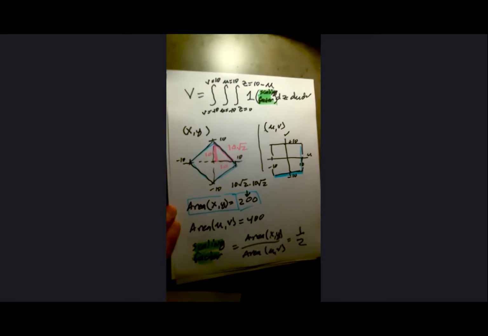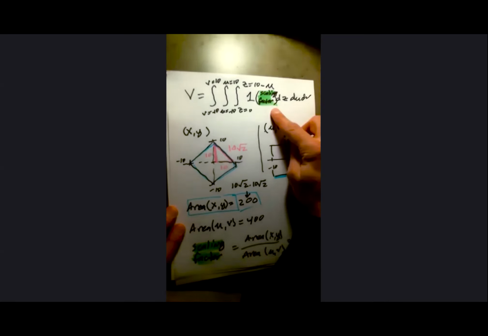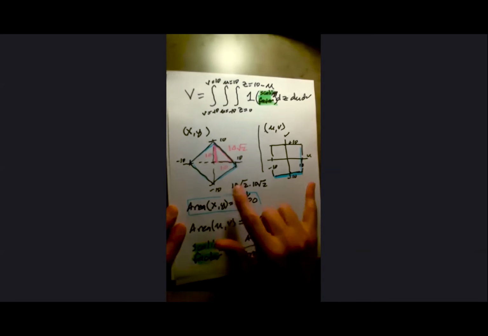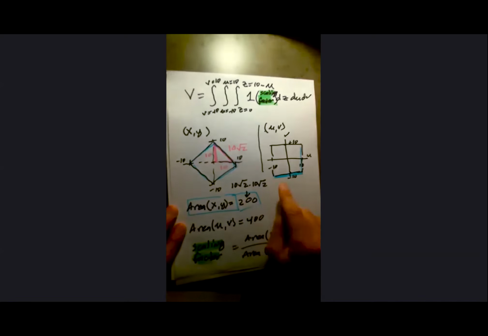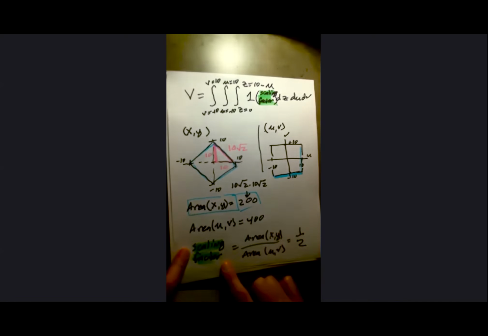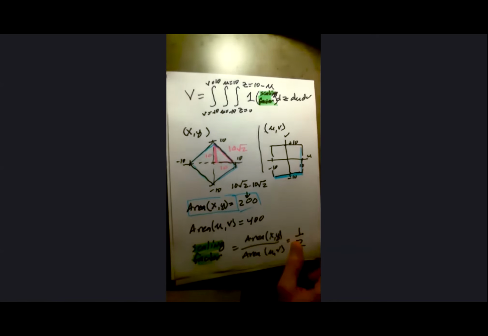We set up the integral, and we knew that there was going to be this scaling factor needed. And so we did some geometry, finding that the area of the original space was 200, the area of the new space was 400. We found our scaling factor was the area of the original space divided by the area of the new space, and that gave us the 1/2, which was our scaling factor.